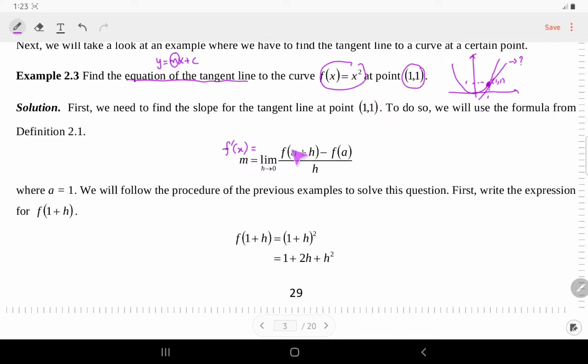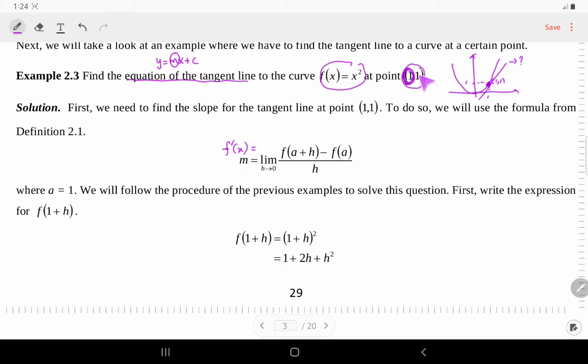Okay, where in the first principle we use variable x kat sini. But this time we change our x into a, where a is the point here. Okay, the point of x.